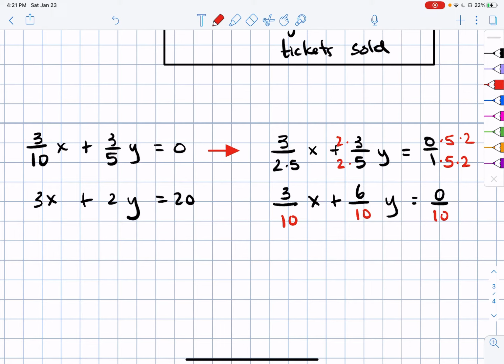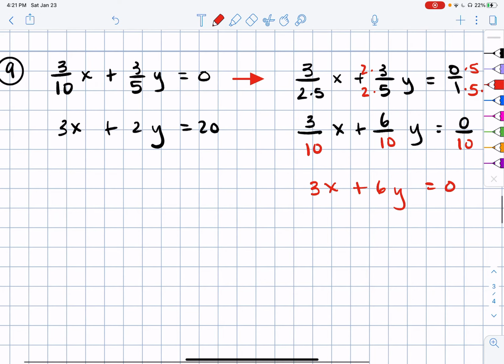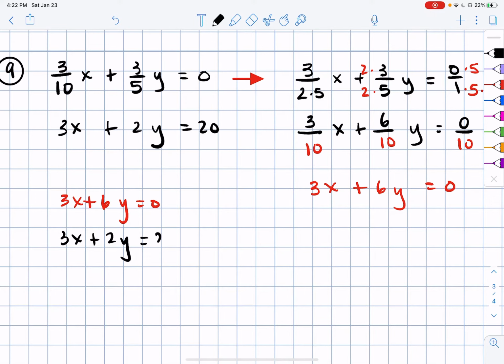So since the denominators are the same, I want to use the red pen here, 3x plus 6y equals 0. All right, so my two equations essentially are 3x plus 6y equals 0, and 3x plus 2y equals 20. So those are my two equations.